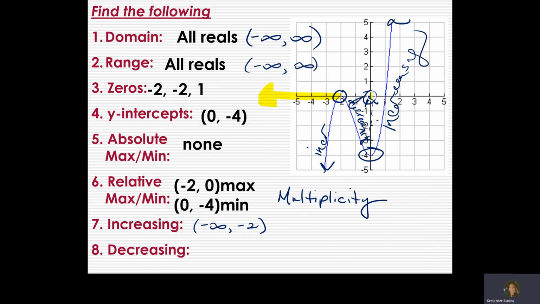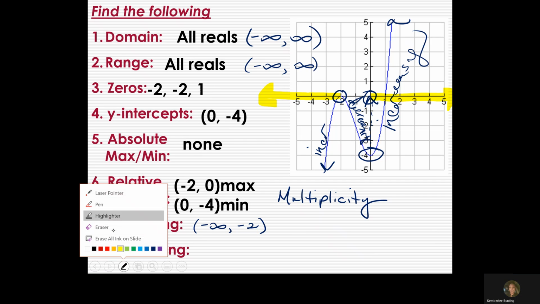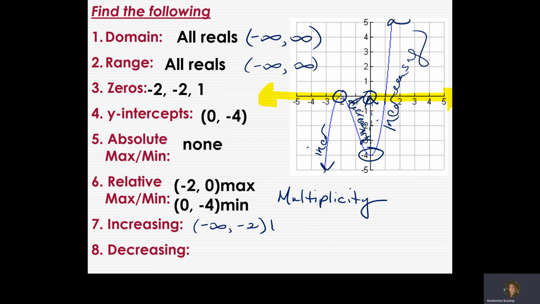Now, where does it stop increasing? It keeps going up, right? As I go to the right on the x-axis, the graph keeps going up forever. So that means, don't forget that funky looking U. What does that U mean again? Say it louder for the people in the back.